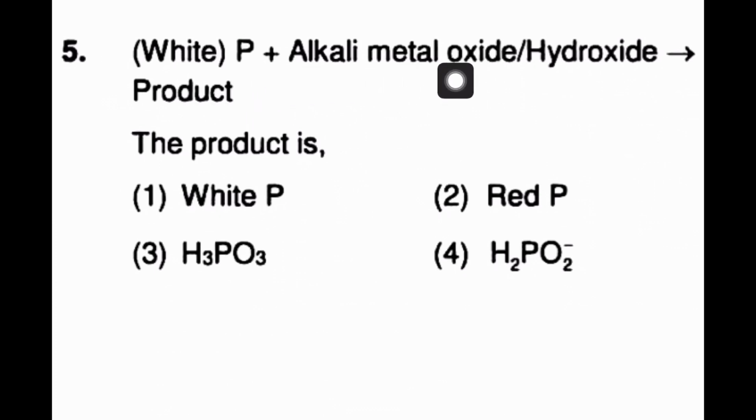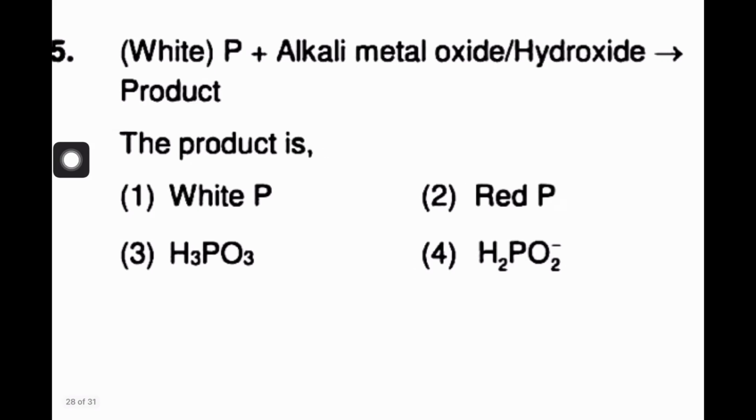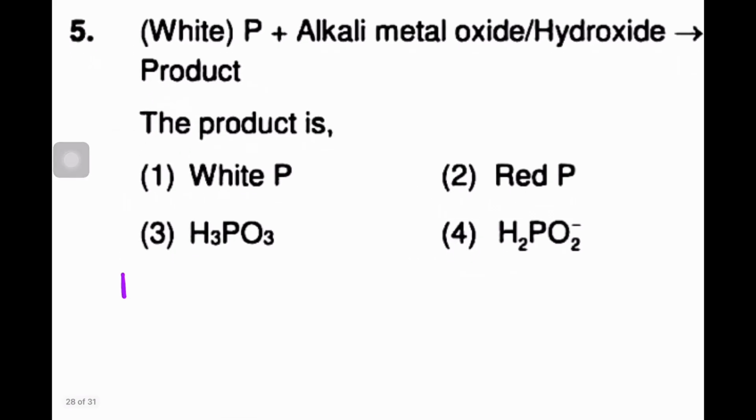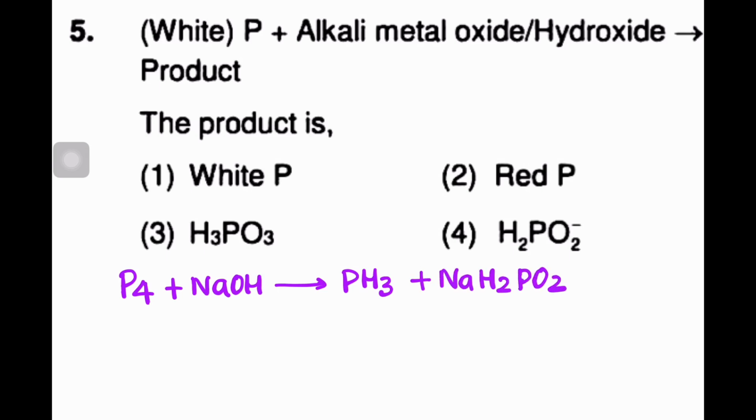White phosphorus plus alkali gives the product H. White phosphorus with sodium hydroxide undergoes a disproportionation reaction, and the products, in a very important reaction, are PH3 plus NaH2PO2. Phosphorus goes from 0 to -3 and to +1, so it is getting reduced as well as oxidized. So this is a disproportionation reaction, and the product we get is phosphine.